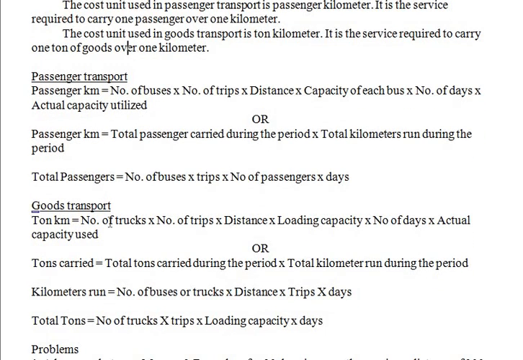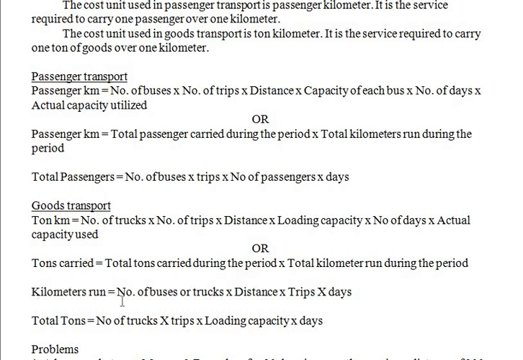Next comes goods transport, which is calculated according to ton kilometer. Ton kilometer is equal to number of trucks into number of trips into distance into loading capacity into number of days into actual capacity utilized. Same as passenger kilometer, but instead of buses we take trucks. Or, ton kilometer is equal to total tons carried during the period into total kilometers run during the period.